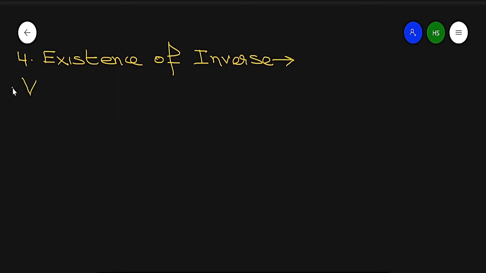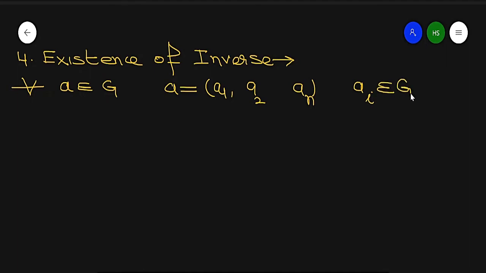So for every a belongs to G, again of this kind, a equals (a1, a2, ..., an), or each ai belongs to G, these members.